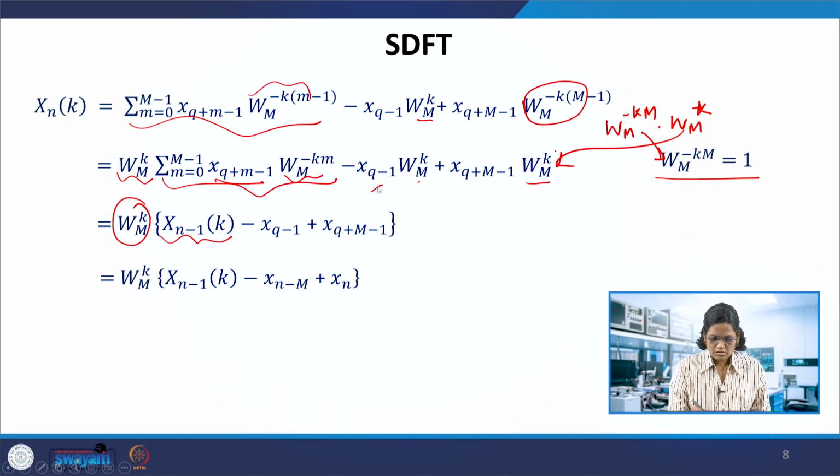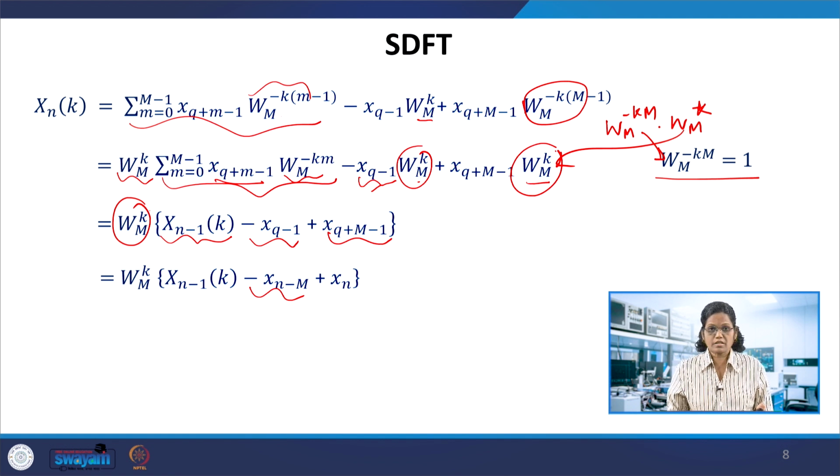We have x q minus 1 and the term taken out, so you have minus q minus 1, and this term also is taken common. If we take the q term as q equal to n minus m plus 1 and substitute, this becomes n minus m and this becomes x n.